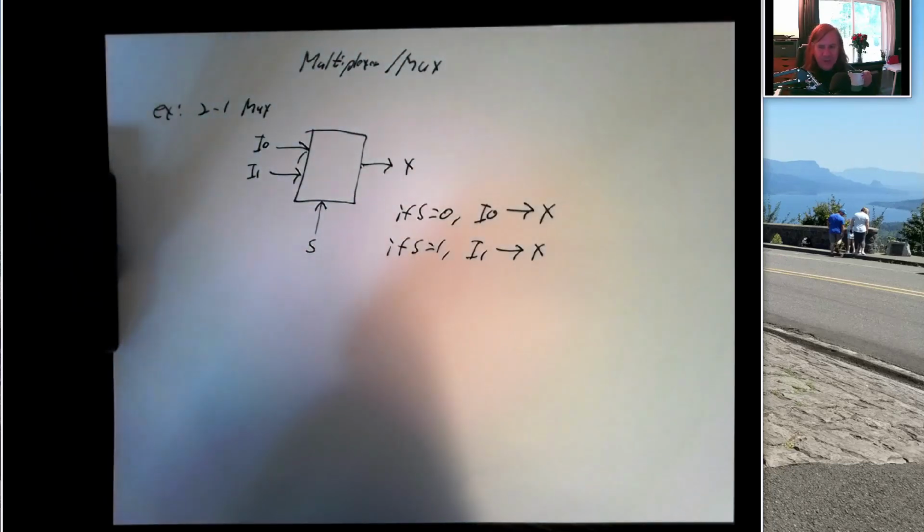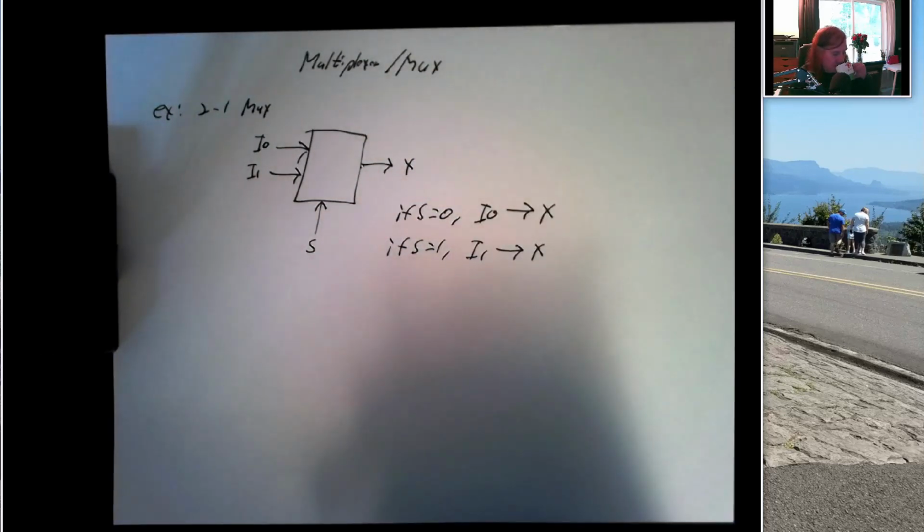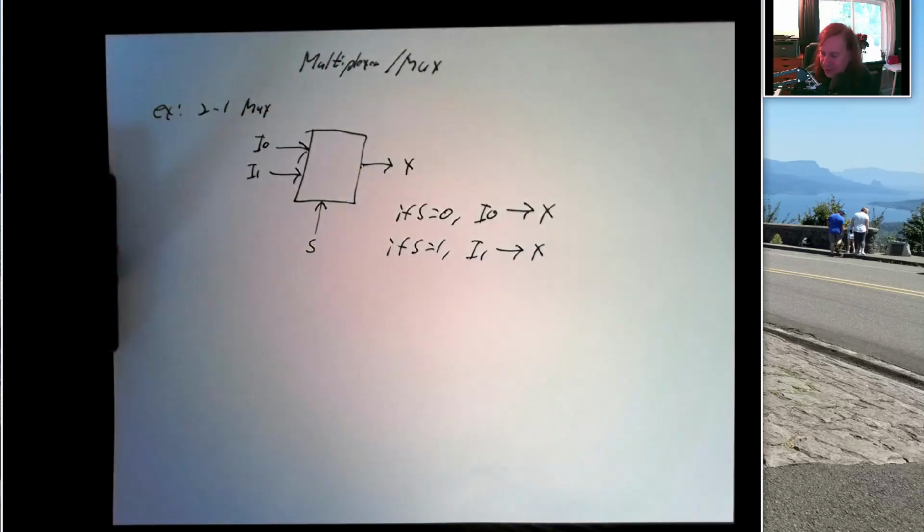And this turns out to be really, really useful when we're building things like computers. In fact, the central part of most central processing units, CPUs, is really a bunch of multiplexers steering data around a collection of subsystems inside the CPU.